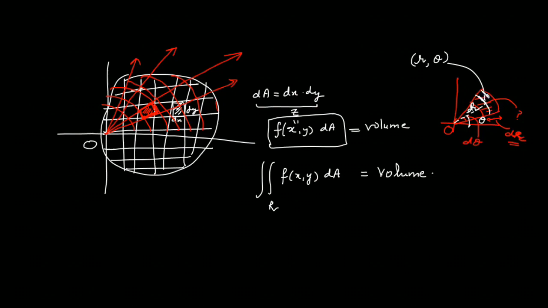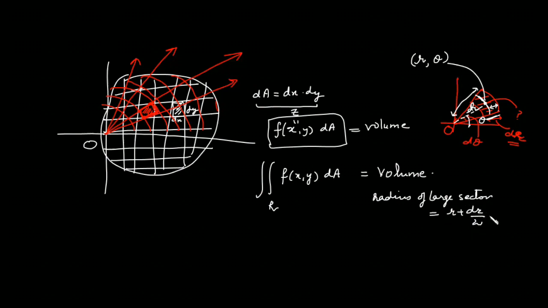Now just see, what will be the radius of this large sector? Since this point is at the mid, this radius is r and this is dr. So dr by 2 we will add to r, we will get the radius of this large sector. So the radius of the large sector is r plus dr by 2.